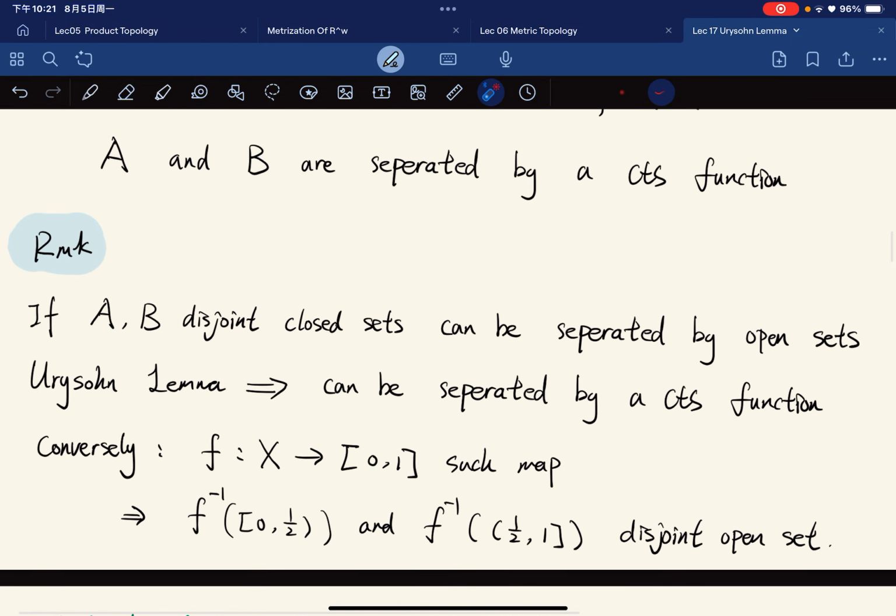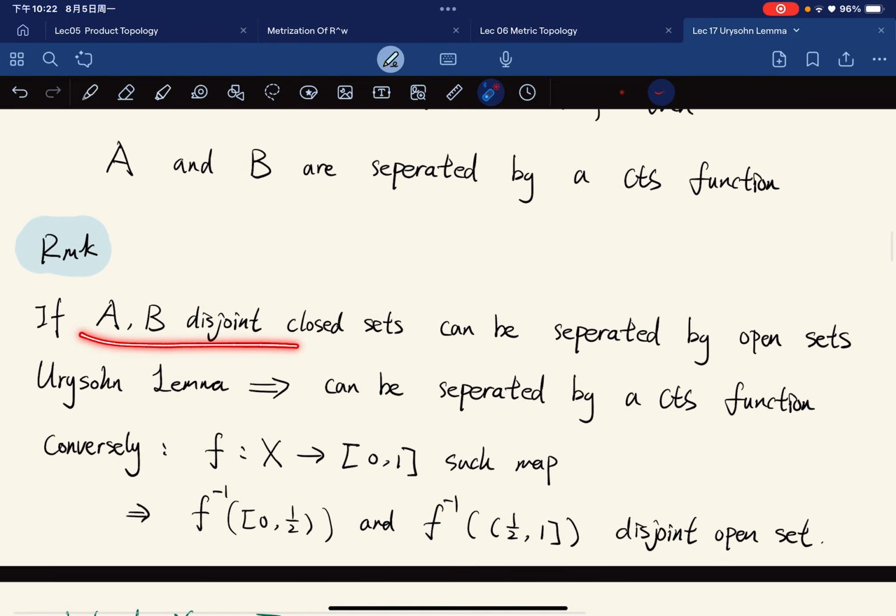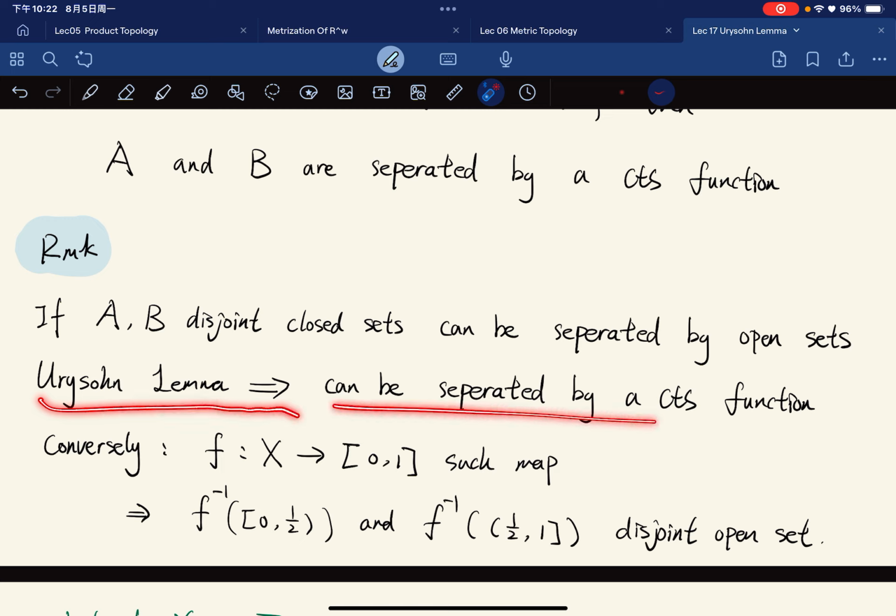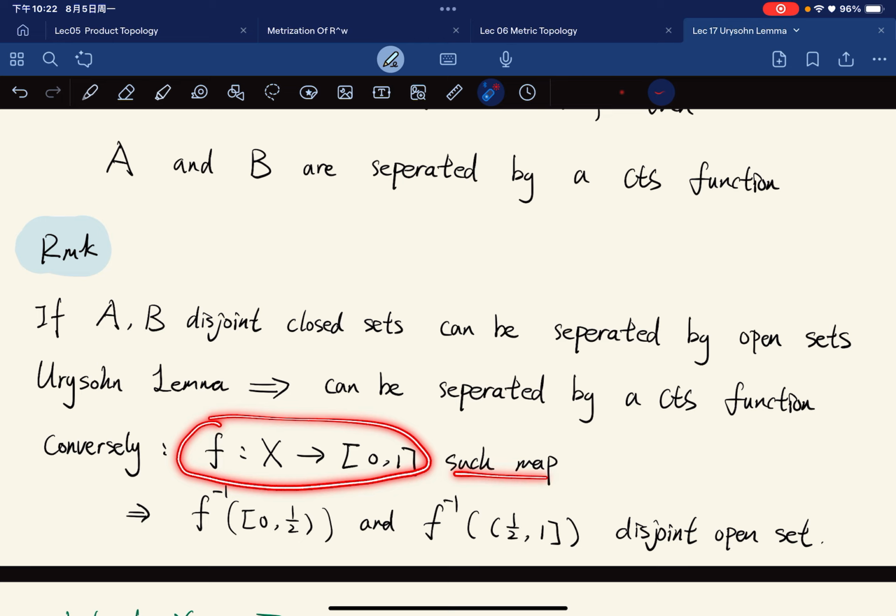The remark is that if A and B are disjoint closed sets that can be separated by open sets, which really just means that X is normal, then the Urysohn lemma implies that they can be separated by a continuous function. The converse is also easy to see. Suppose we have such a map f given.